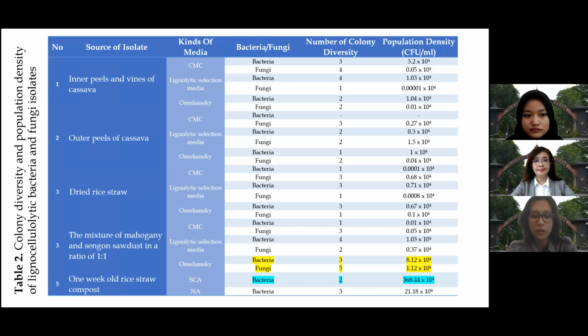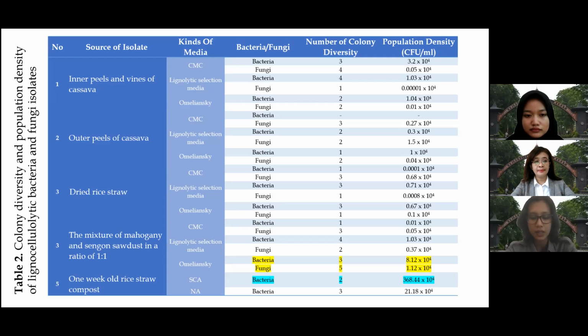Then we continue to table 2. This table shows the colony diversity and population density of isolated lignocellulosic bacteria and fungi from sources of isolates. In total, there were 55 colony diversities found, consisting of 25 types of bacteria colonies and 30 types of fungal colonies from 5 sources of isolates. The growth of isolates from the mixture of mahogany and sengon sawdust on Omeliansky media showed the highest colony diversity and population density compared to other isolate sources.